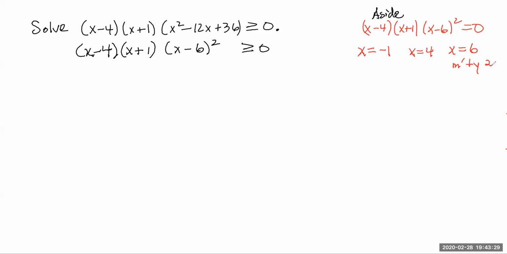And let's see. What are we going to do with these zeros? We're going to plot them on a number line. So I'm going to draw a rough sketch of a number line here.